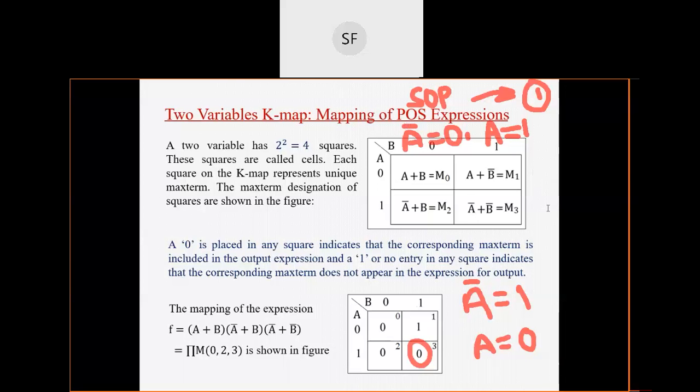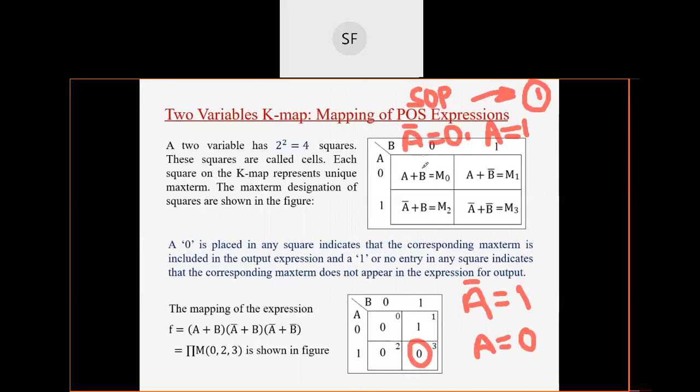Okay, so I got a couple of responses. Then I got one query: does A bar and B bar mean greater in POS? No, there is nothing like greater and smaller here, these are just representations. So here I have written A bar.